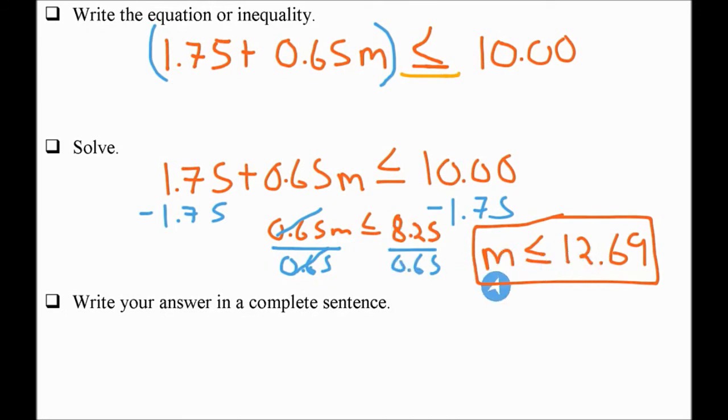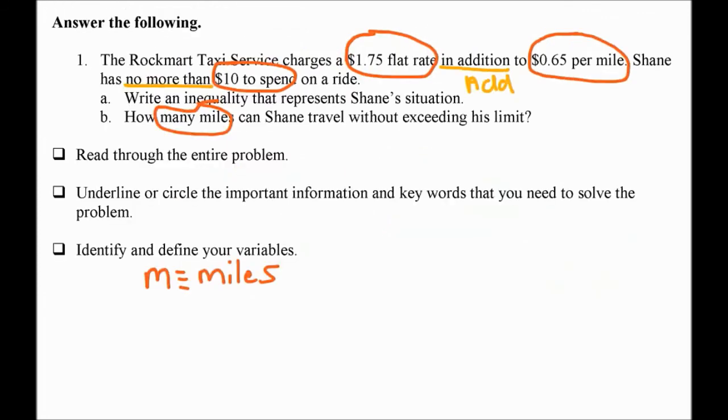So this is telling me that Shane can travel 12.69 miles. So m has to be less than or equal to 12.69 miles to make sure that we do not exceed the $10 that he has to spend on his ride.